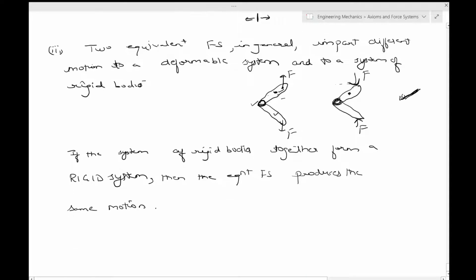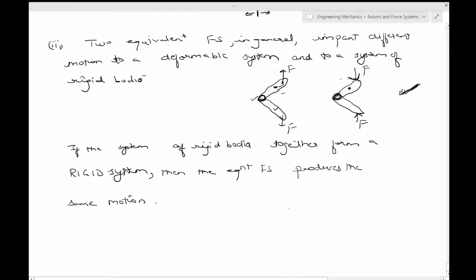So now we have to see about this system of rigid bodies creating a rigid system. So let's have a link like this, let's have a link like this, and so joint 1, joint 2, joint 3, similarly joint 1, joint 2, joint 3.